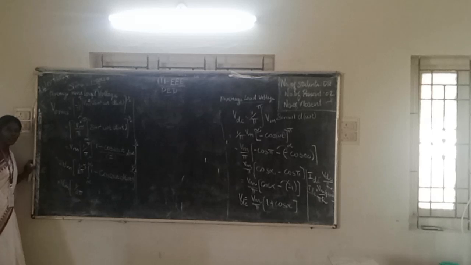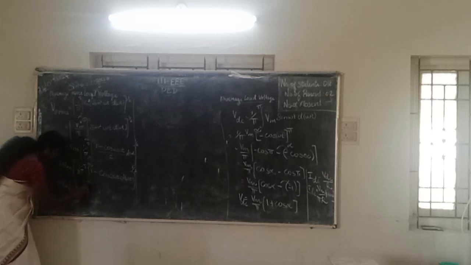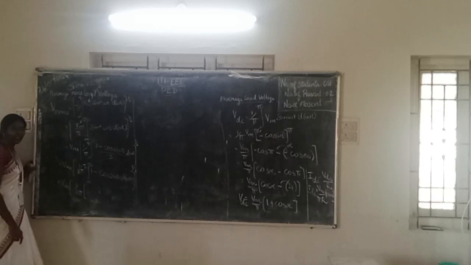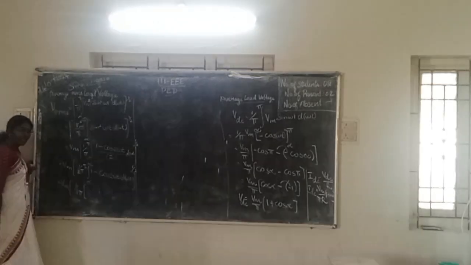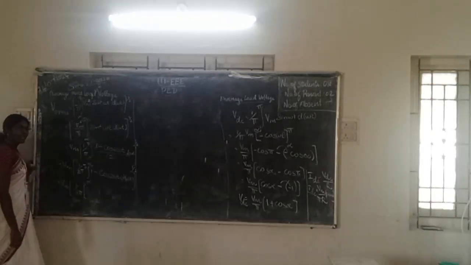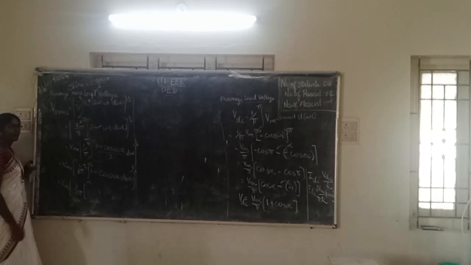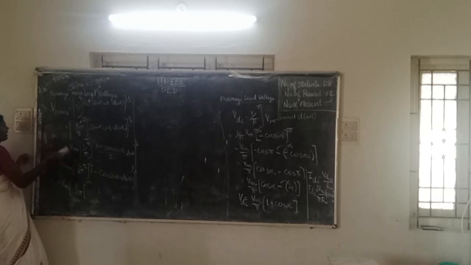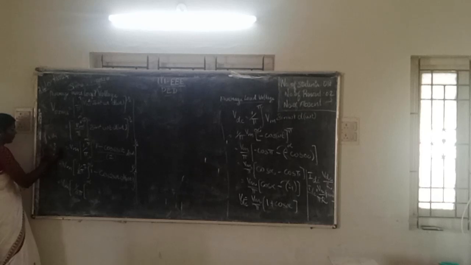Shall I integrate it now? If I integrate 1, with respect to whom are we integrating? Omega t. The integral of 1 dx is equal to x, so the integral of 1 into d of omega t will become omega t.